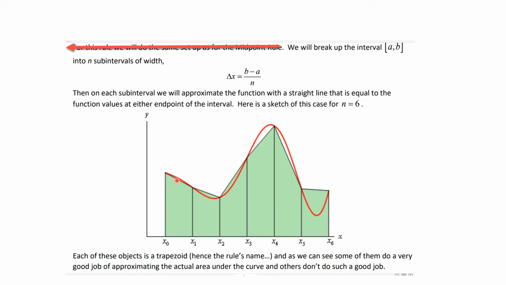So you see we're drawing straight lines and getting the green area to approximate the area underneath the red curve. Each of these geometrical figures is a trapezoid. So this is the trapezoidal rule, and it does a pretty good job of approximating the area.